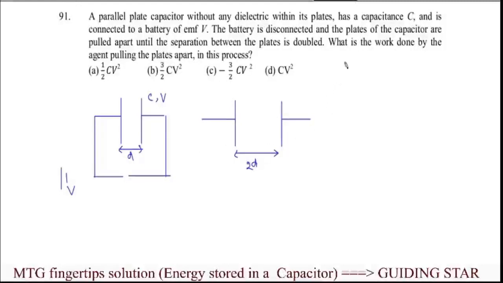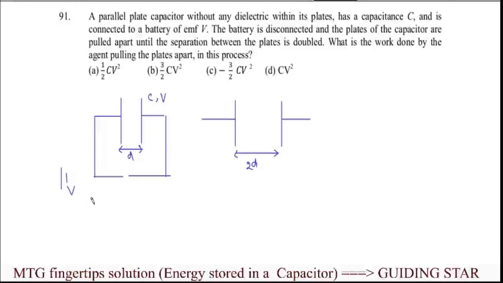Okay, so what it is asking: what is the work done by the agent pulling the plates apart in this process? Work done is generally in the form of energy. Clear? So we will calculate the initial energy and final energy, and after that we'll check what is the work done. So what is the initial energy?